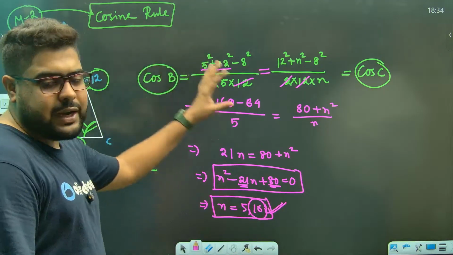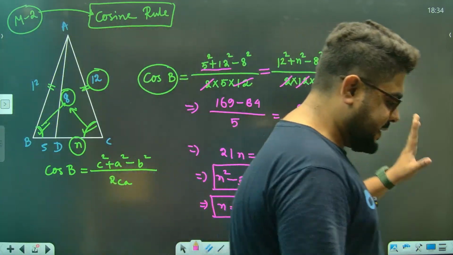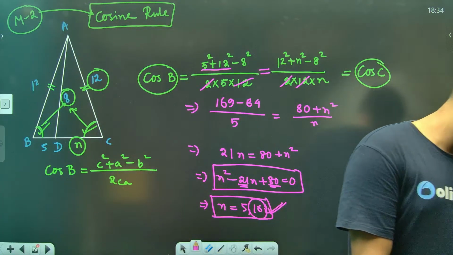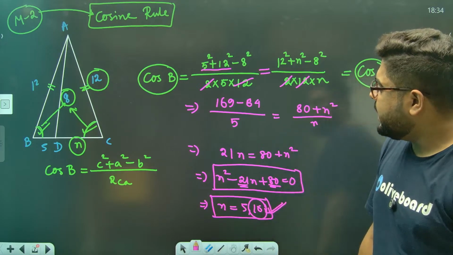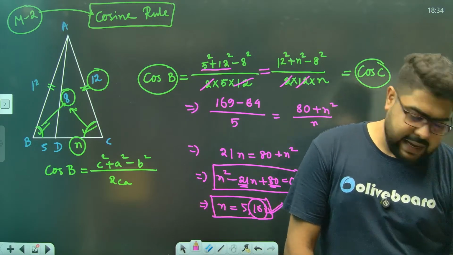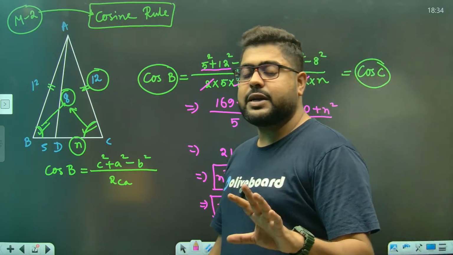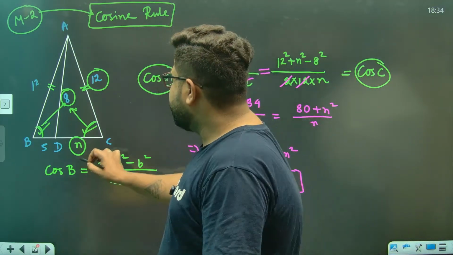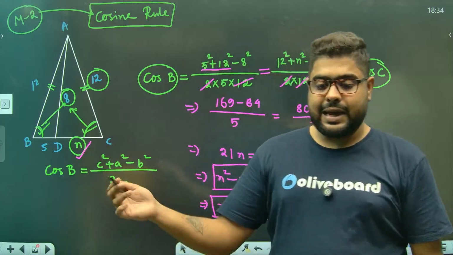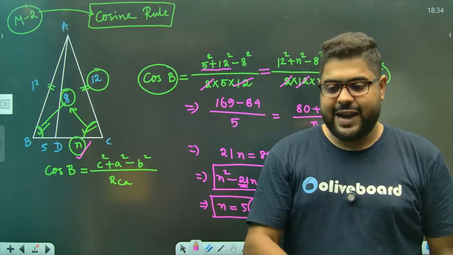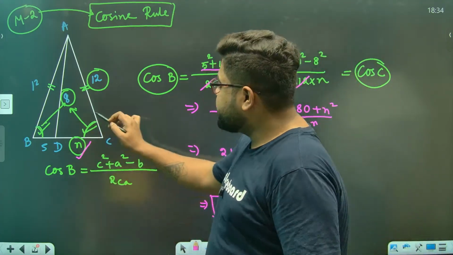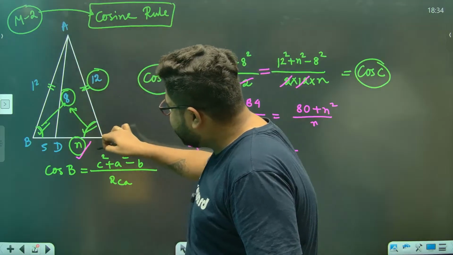So this is another way of solving the same question. Sir, can we use cos B in ABD and ABC? Yes, you can, but again, if you take that, you will never get n. What you can do, rather, is use cos C in both ACD and ABC.